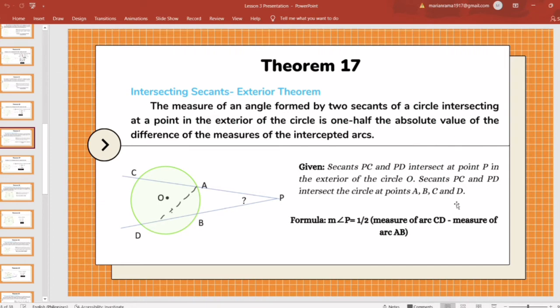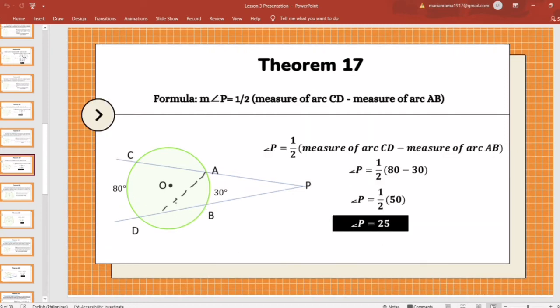So we have here our formula: angle P equals 1/2 times the measure of our arc CD minus the measure of our arc AB. For example, we have here our arc CD is 80 degrees and our arc AB is 30 degrees.